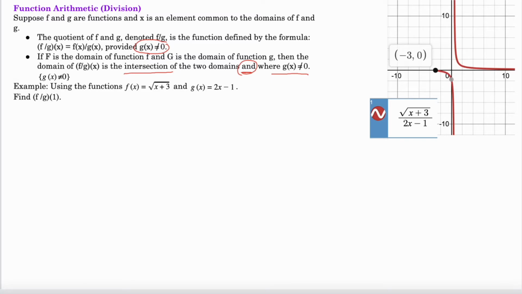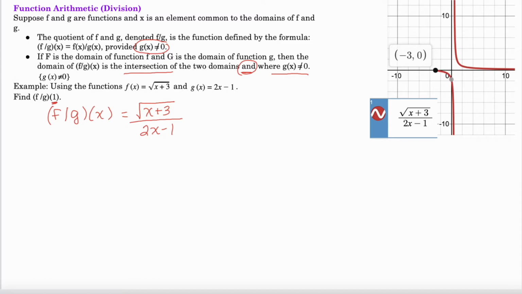We have our same function, square root of x plus 3 and 2x minus 1. Before we evaluate it at positive 1, let's take a look at what the simplified version is, talk about the domain, and then actually go forth and do that. So when I'm looking at f divided by g of x, that is simply my f of x function divided by my g function, and it doesn't look like I can simplify.